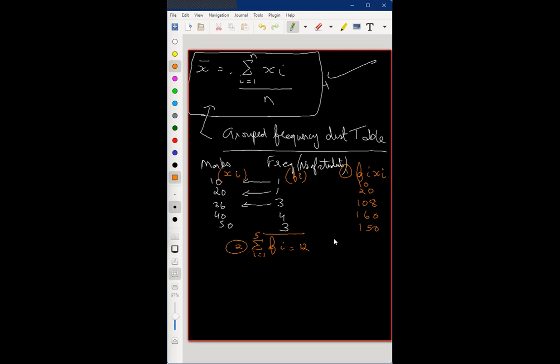The third step is to total the fi xi column. So again, we do sigma i equal to 1 to 5 of fi xi. What will be the total of this? Quickly calculate and tell me. Total all of this. Anyone quickly.